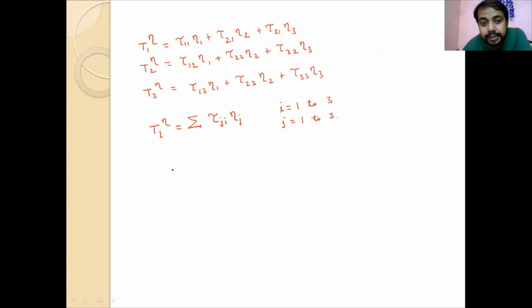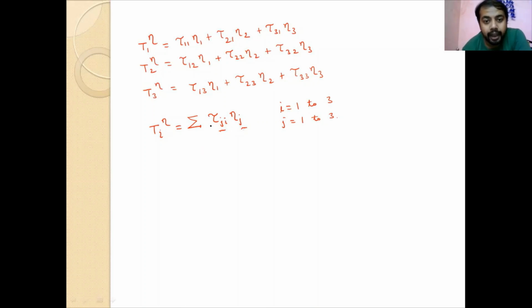But the concept here is that you see j is changing: j 1, 1, 2, 3, 3, 1, 1, 2, 2, 3. This j and this j go together, and i is the direction of the force.